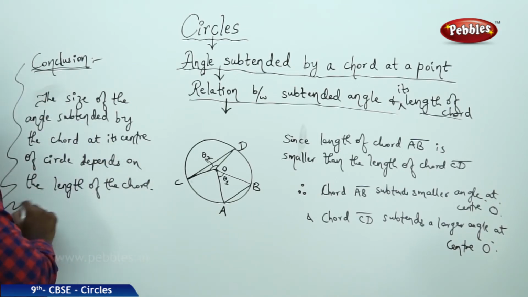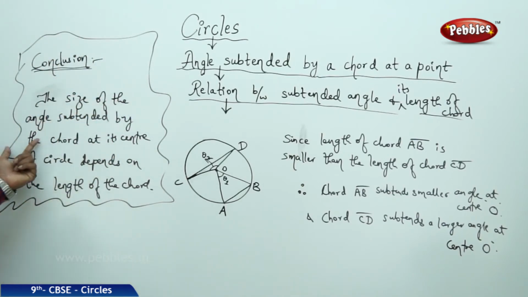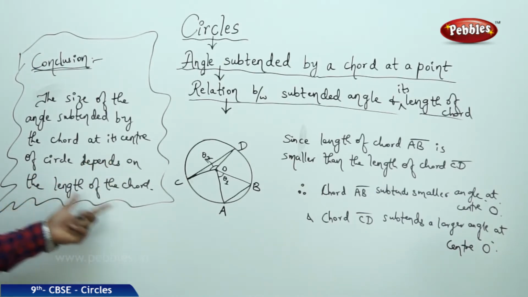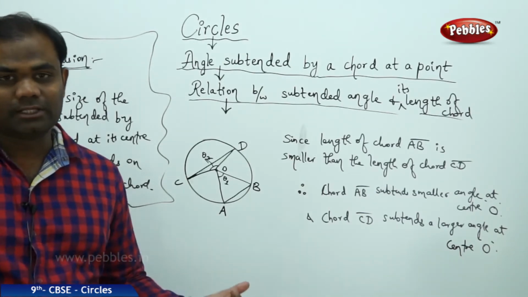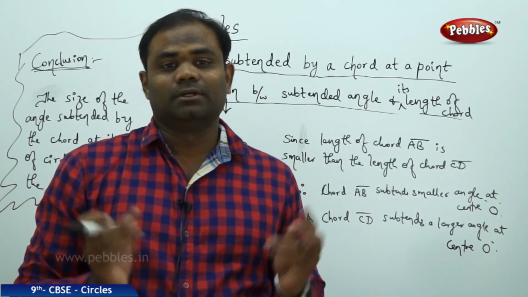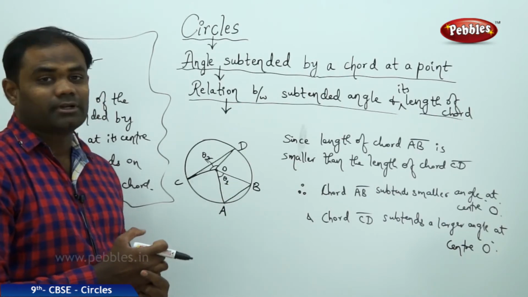Is how I conclude: the size of the angle subtended by the chord at its center of circle depends on the length of the chord. Bigger the length of the chord, bigger is the angle subtended at its center. Smaller the chord, smaller is the angle subtended at its center.